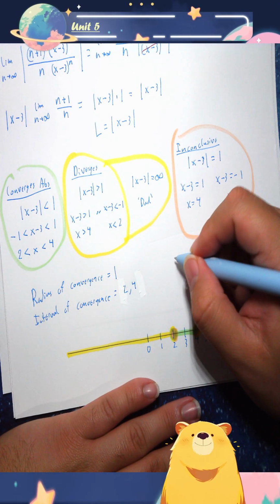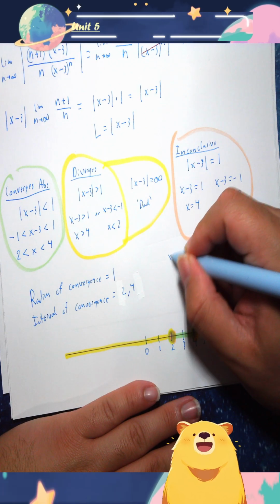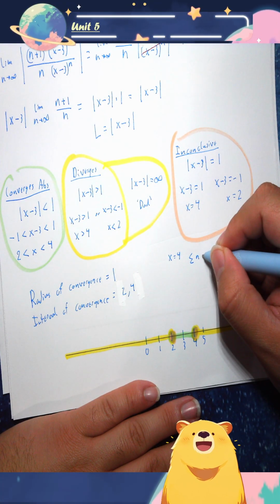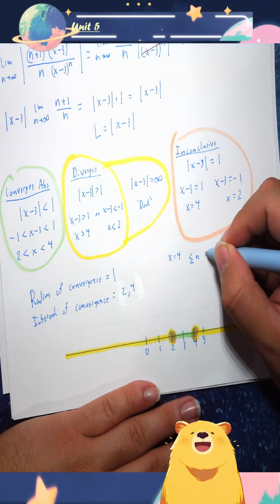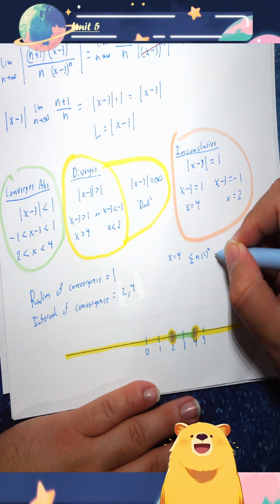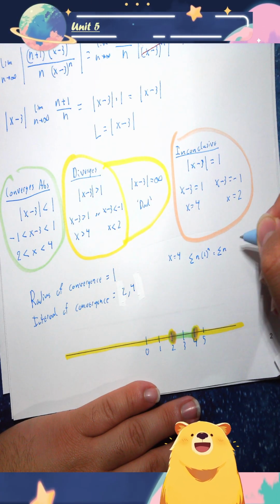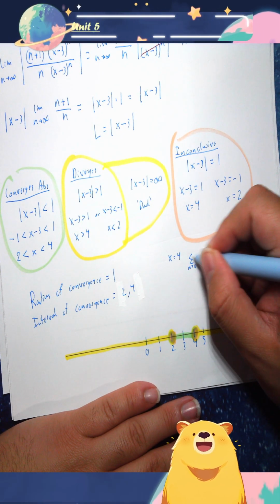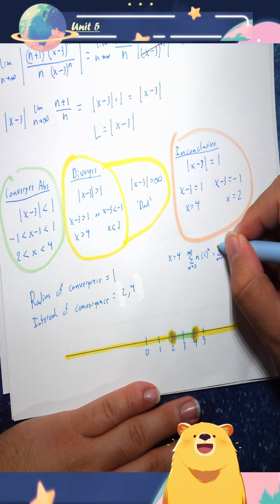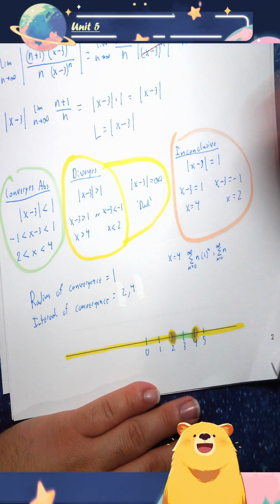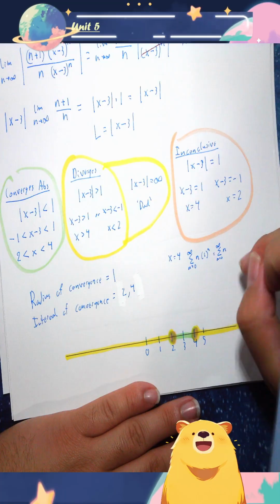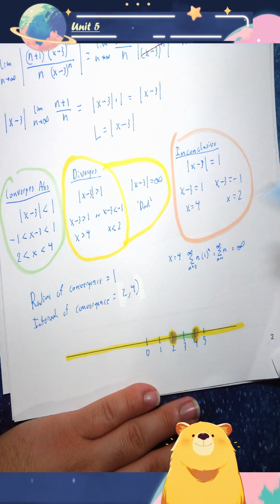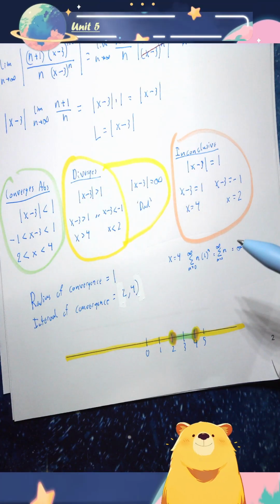If you plug in, let's do that on the side, x is equal to 4, then you have the expression to be n times 4 minus 3, which is just 1 to the power of n. So the sum of n, as n goes from 0 to infinity. That's just you adding n a bunch of times. So we know that that's just going to go towards infinity. So that means it is not convergent when x is equal to 4.